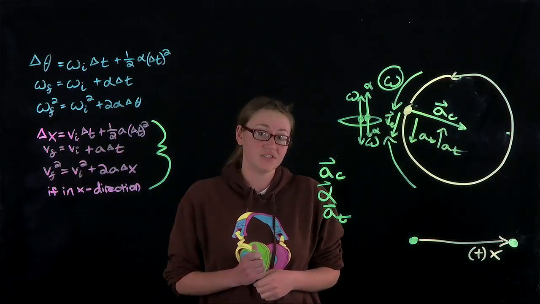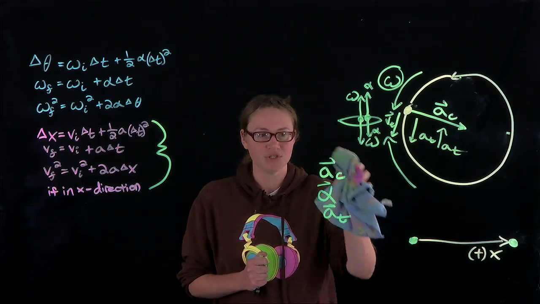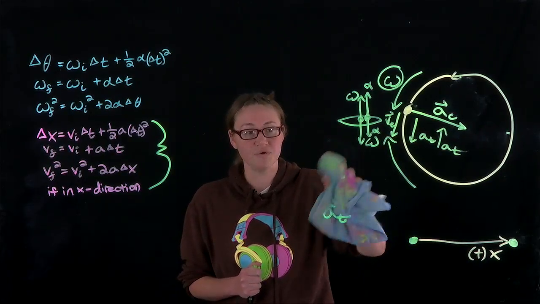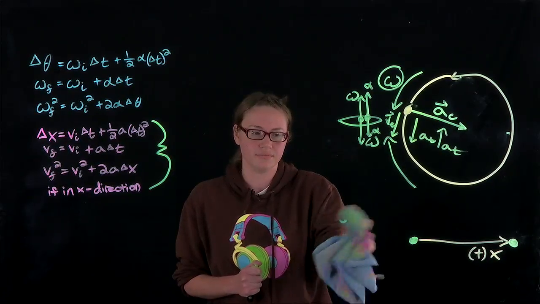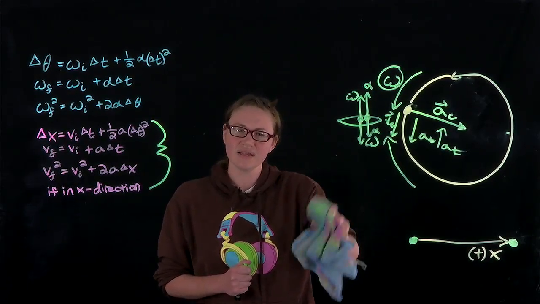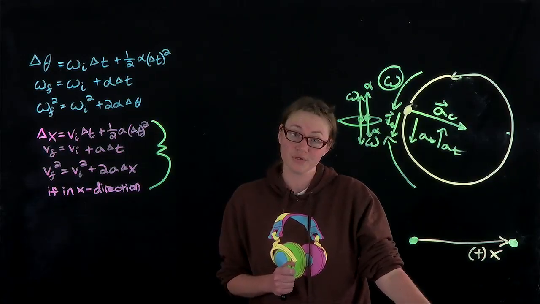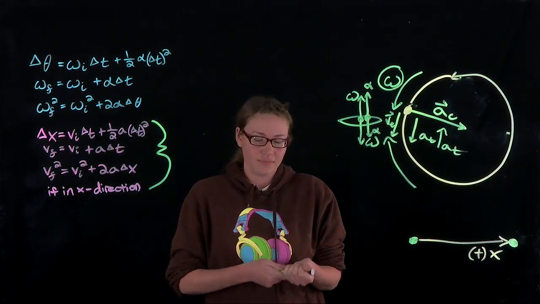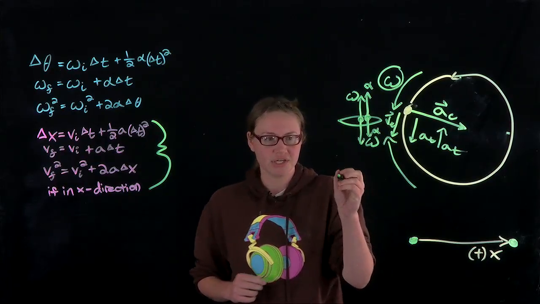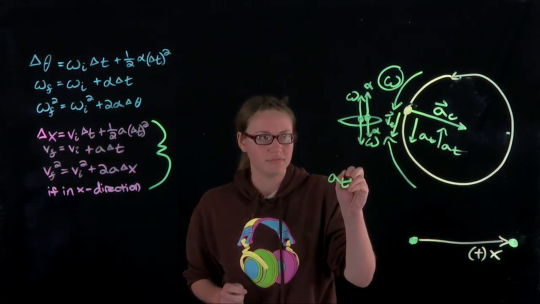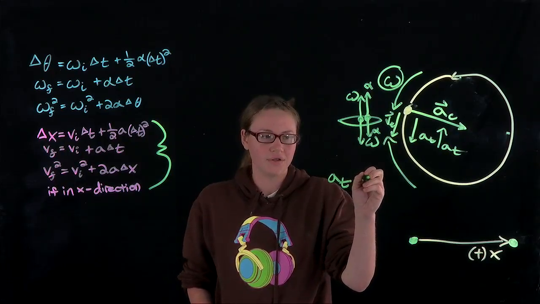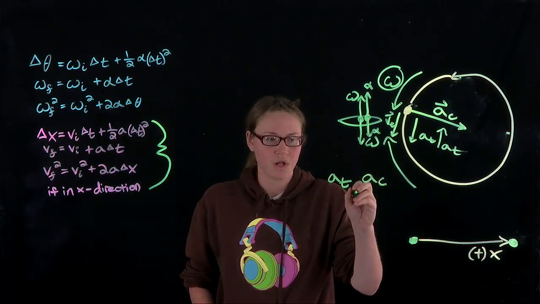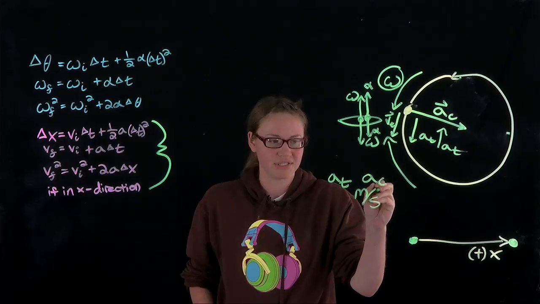One other thing I wanted to address is the differences between units in certain motions. So if it's not clear whether something is circular motion or linear motion, check your units, because your tangential acceleration, so here, or your centripetal acceleration will always be in meters per second squared.